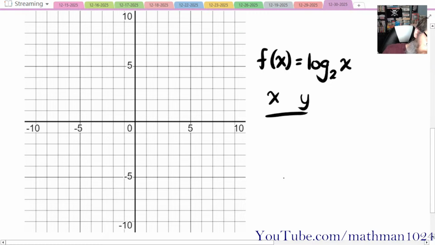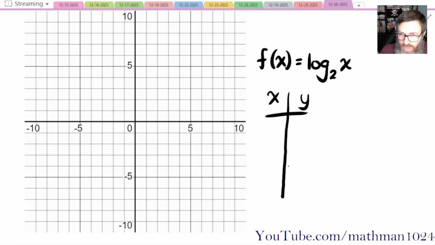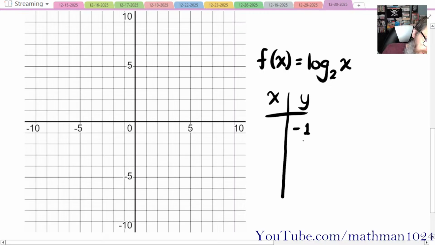Before we had -1, 0, 1 for the x, and now we're going to have -1, 0, 1 for the y. And those key values are going to be the reciprocal of the base, 1, and then the base itself.